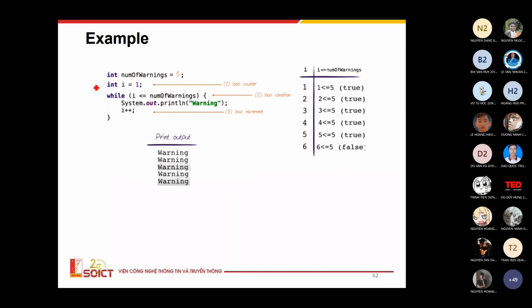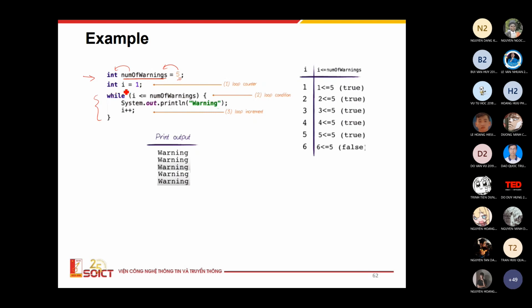And for example, you have this example. You have a while loop here. Firstly, you have defined a variable num of warning of the int type, and you assign the value 5.